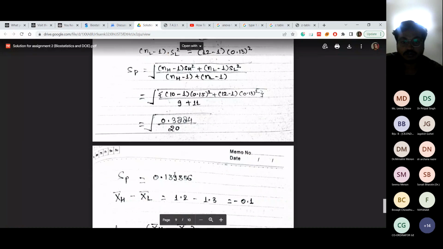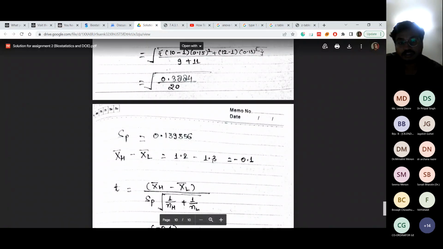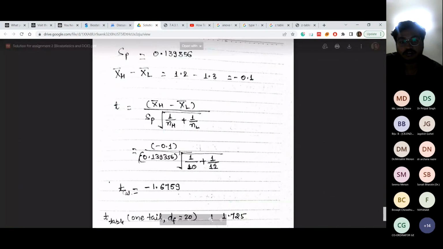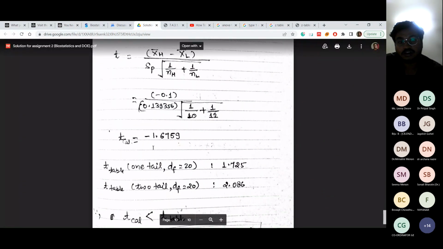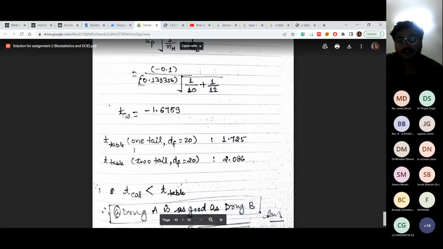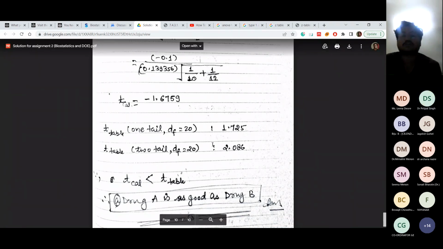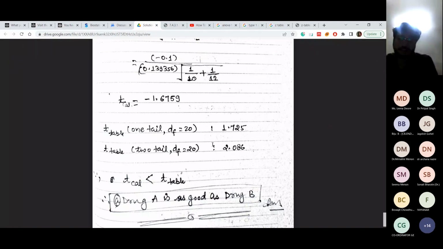We get it as 0.193. We calculate the difference between the means, and then we do the t-test. We see that the t-value we get is less than the critical t-value for both one-tail and two-tail test. So as the t-value is less than the critical value, we say both of the drugs are as good as each other. So the null hypothesis holds.